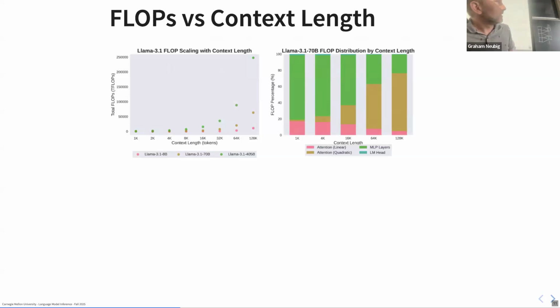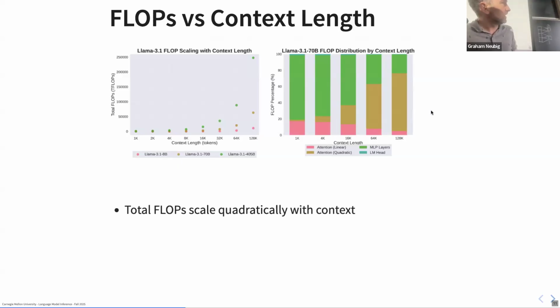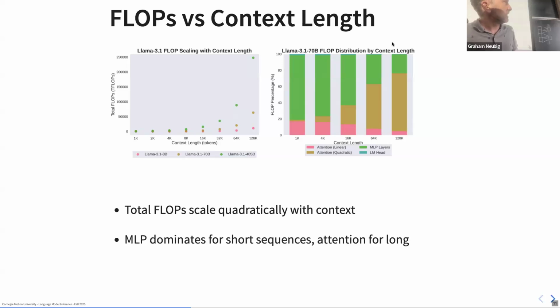And you can see that as the context length gets longer, the flops increase superlinearly with the context length. And so we can see the total flops scale quadratically with the context, at least in big O notation.